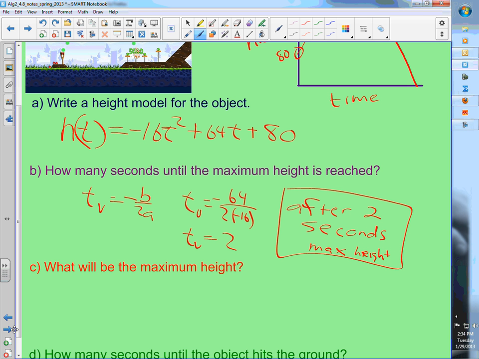How do I find out what the maximum height is? Plug in your time of 2. So h of 2 is negative 16 times 2 squared, plus 64 times 2, plus 80.